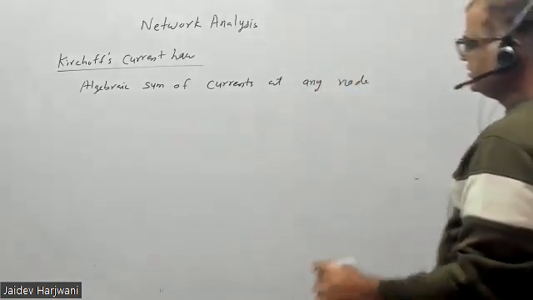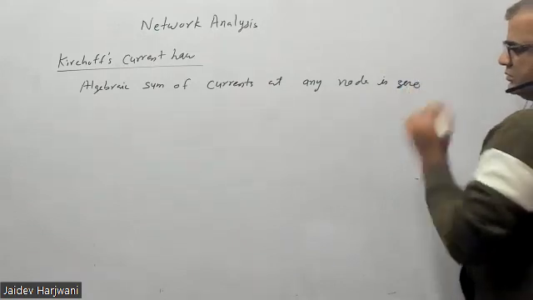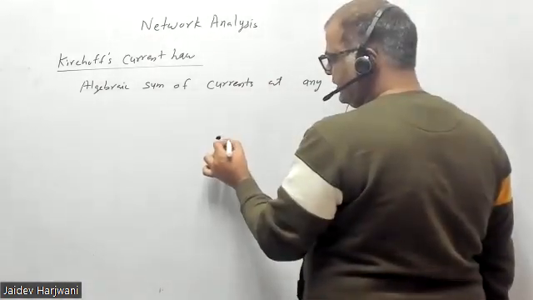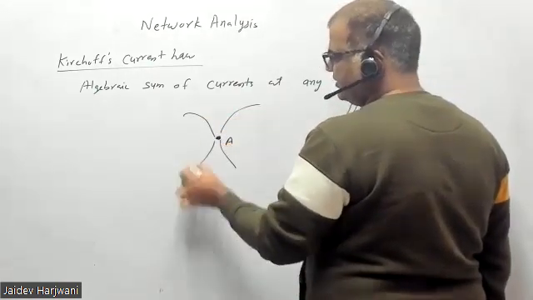Sum of all the currents coming to any node is zero. So suppose this is my node A, and some currents are coming and some currents are leaving.